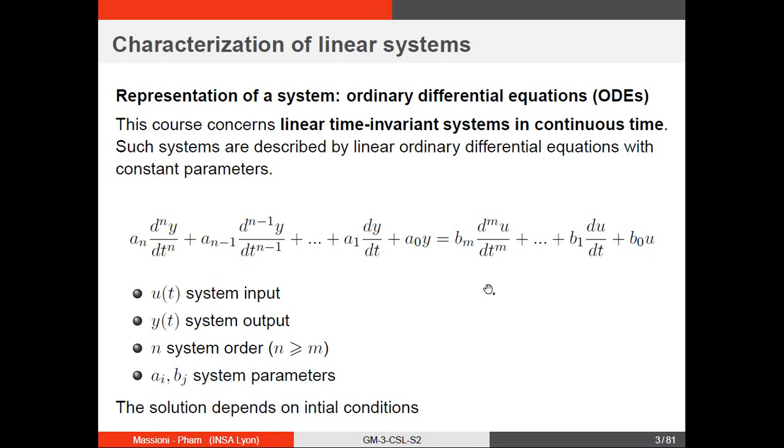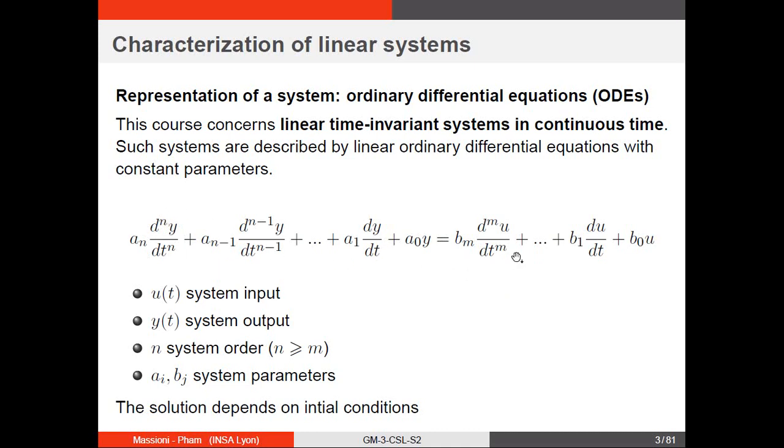The important thing to understand here is that if u is the input, so the cause of y, which is the effect, it is necessary that n, the maximum order of derivative that appears for y, must be greater or equal to m, the maximum order of derivative of u. Why is that so? Because if you had a higher derivative of u than the derivative of y, the causality could not go that way.